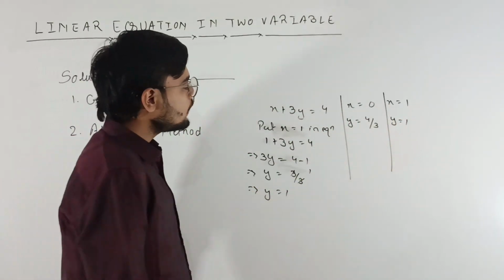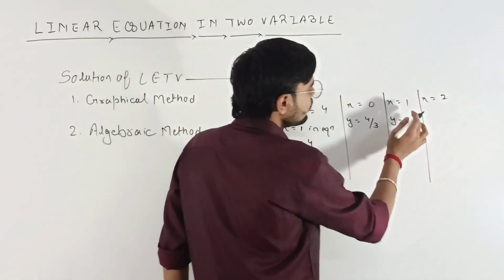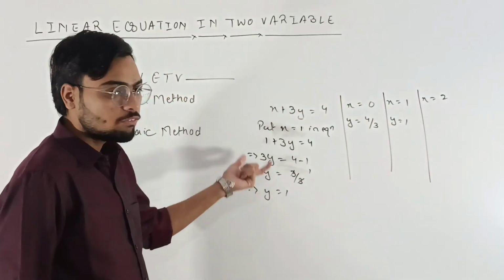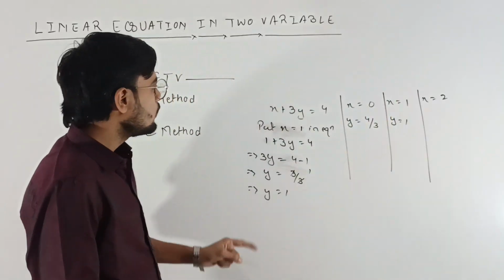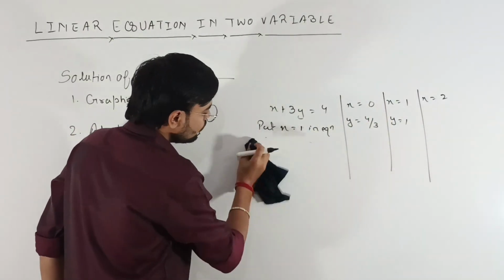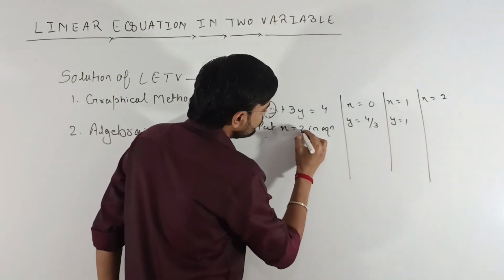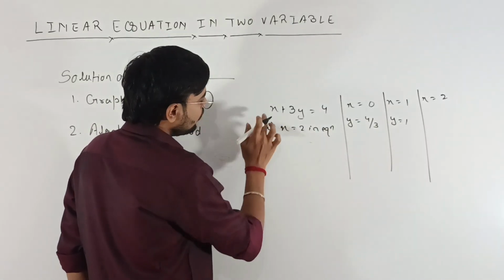Okay. Now someone asks, I assume x is equal to 2, not 1 or 0. Okay. Then yes, we can assume x is equal to 2. Now after assuming x is equal to 2, we put x is equal to 2 in place of x. Then our equation becomes what?